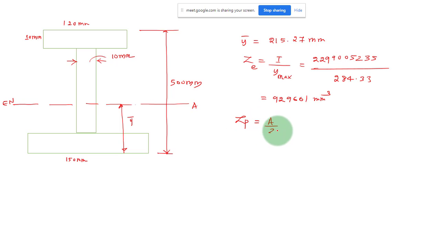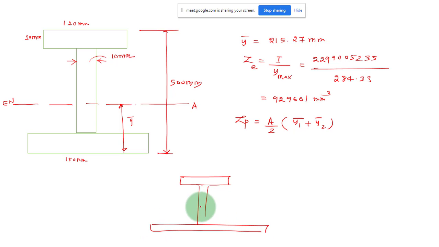Next we have to find the plastic section modulus. A by 2, we can find the area, and y1 bar, y2 bar. Again you have to locate the equal area axis, then find y1 bar. Maybe this is my section. First you assume my equal area axis is somewhere here. Then I can find this distance and locate your axis.